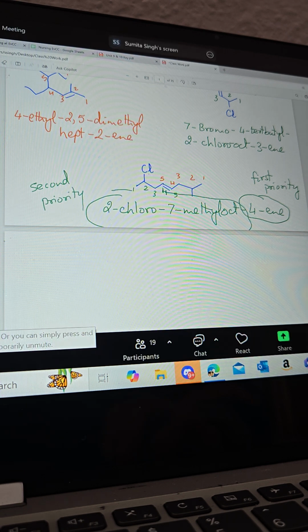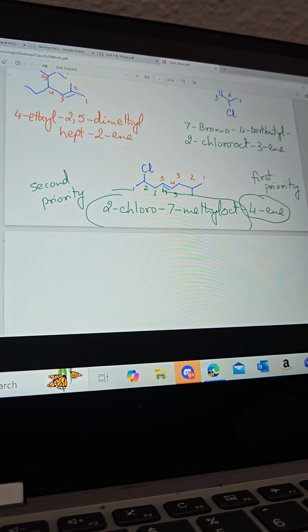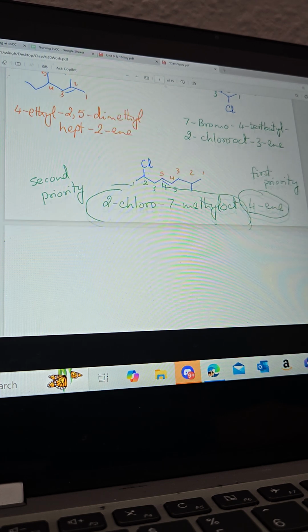So the first priority is to give the double bond the smaller position. You're absolutely right, Mark, your answer is absolutely right. If that is going to be the same in either direction you count, then you want the groups to get the smaller combination of numbers. Everybody okay with that? Let me draw one more structure to illustrate another point.